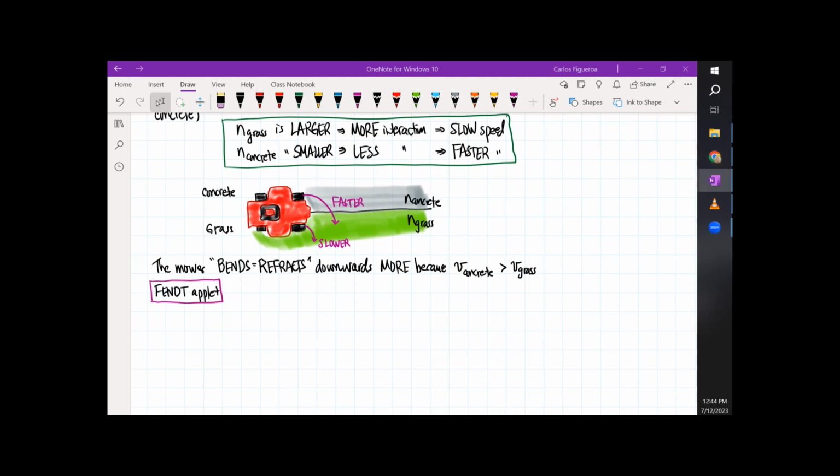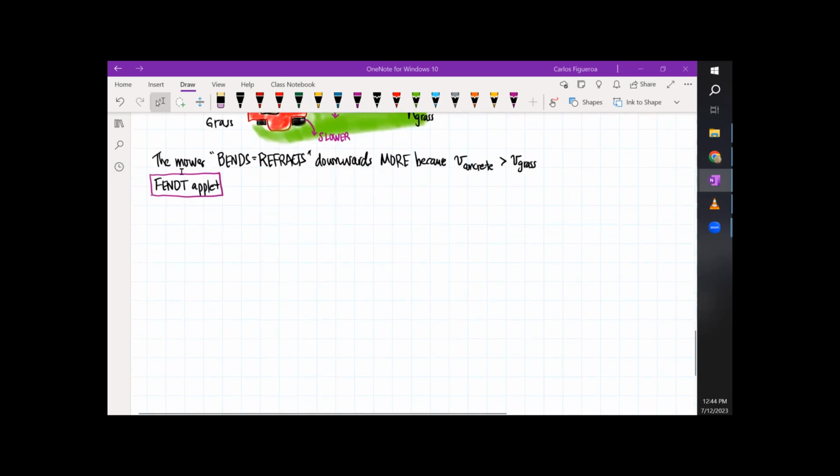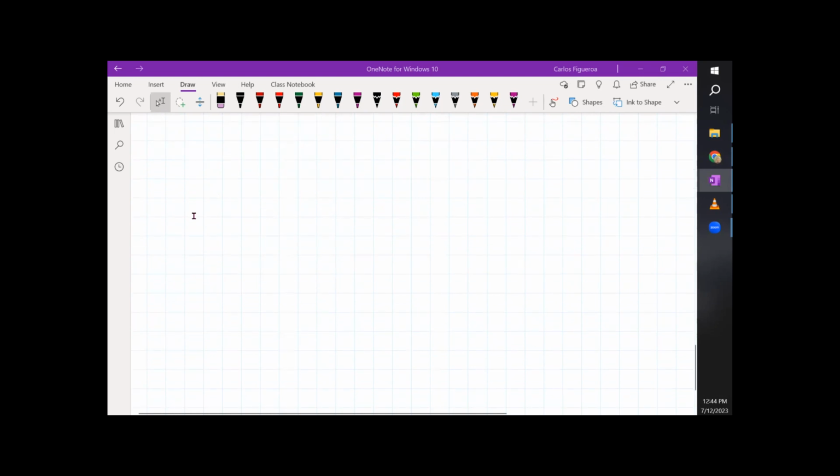So now that you've seen that the speed change causes the bending of the ray, what I'd like to do here is look at the details of this. And here's what we find.